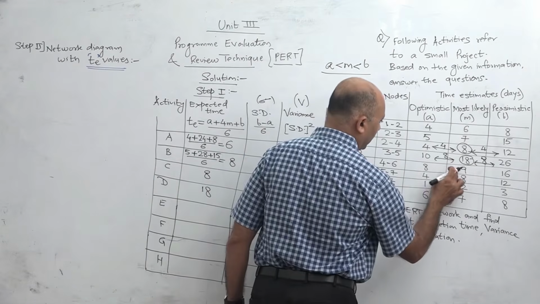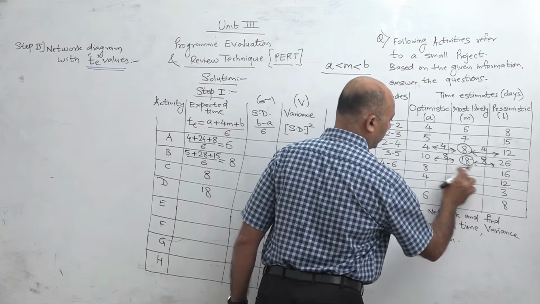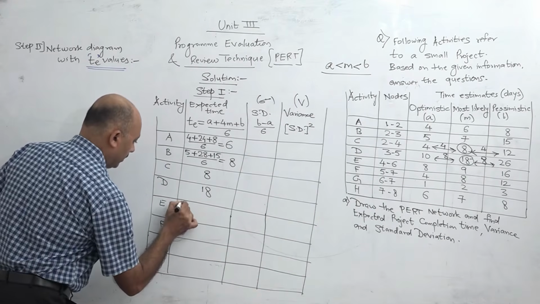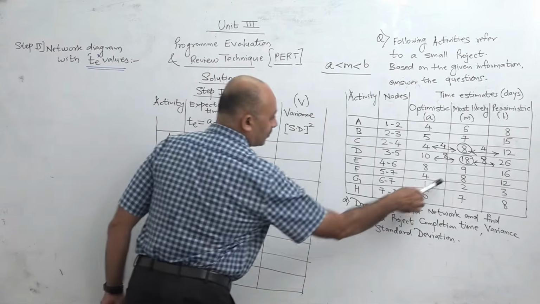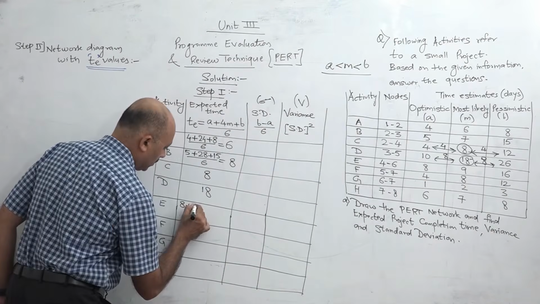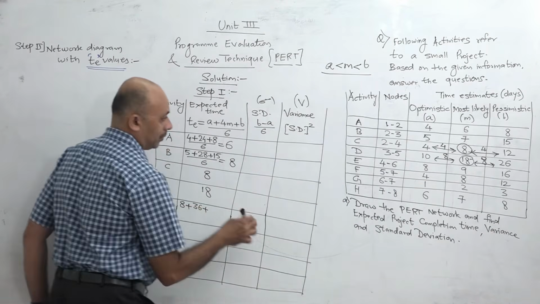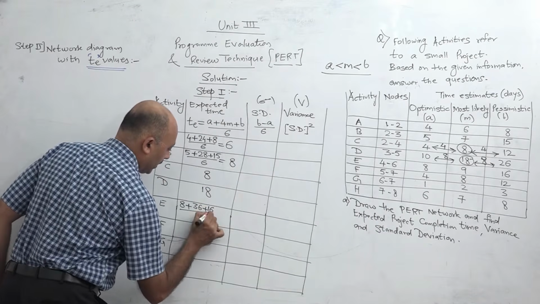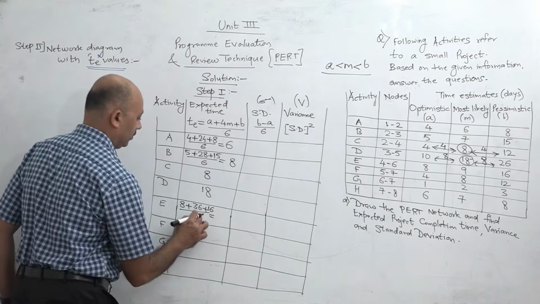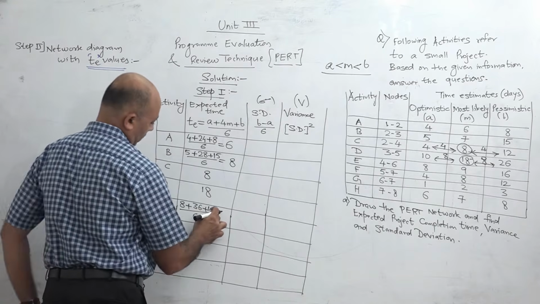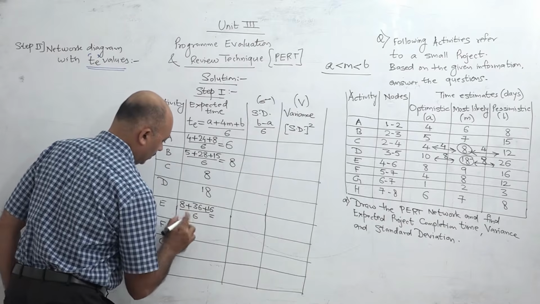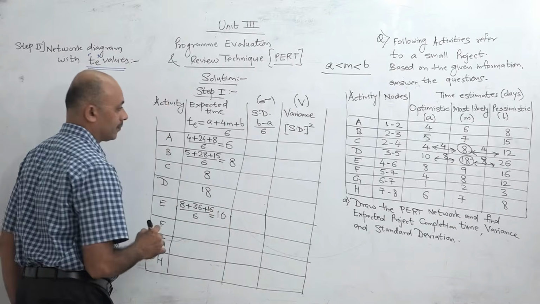So here 8 and 9 and 9 and 16. So the interval is not the same, so we have to calculate. So for E, it will be 8 plus 9 into 4, 36 plus 16 divided by 6. So that is 36 plus 16 is 52, 52 and 8 is 60, 60 by 6 is 10.